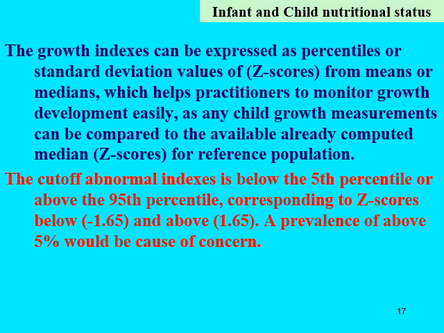And minus 3 standard deviations from the median goes with severe malnutrition. So we look also at the percentiles for growth monitoring for children, 5th percentile, and between the 5th percentile and 95th percentile, and so on.